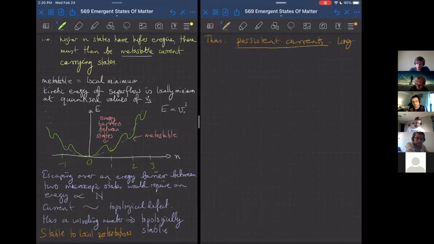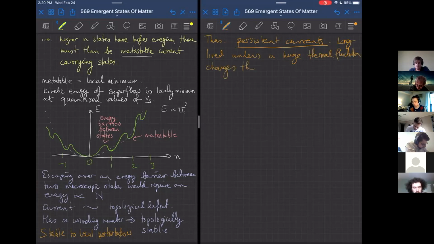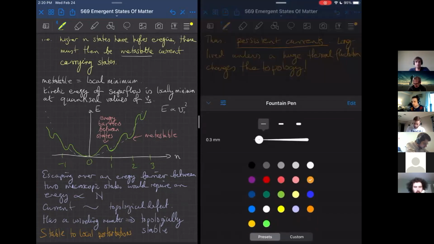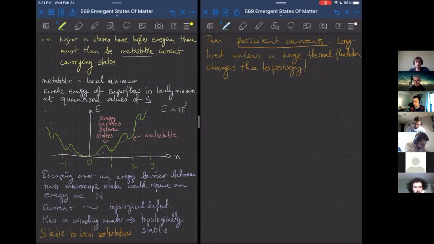They're very long-lived, unless a huge thermal fluctuation comes along to change the topology. So that's what we have in persistent currents, and this is perhaps the most direct evidence of superfluidity.